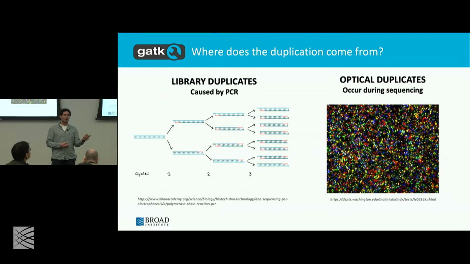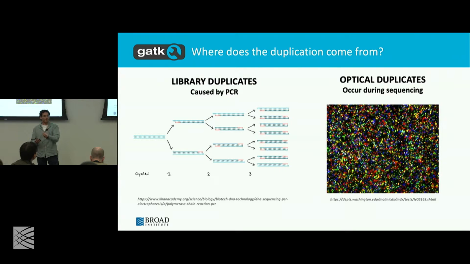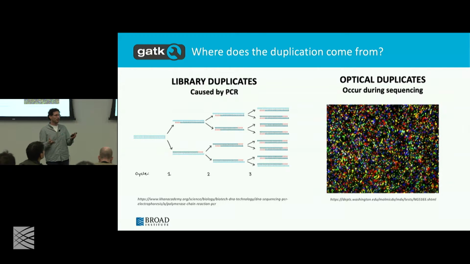Sometimes, in the newer patterned flow cells, because of the chemistry, we have this jumping effect where a molecule could spawn in one well, and then some of its progeny can jump and infest a neighboring well and produce another read. So all these things we know are happening. There's probably more that I haven't talked about, but these all are caught using MarkDuplicates.